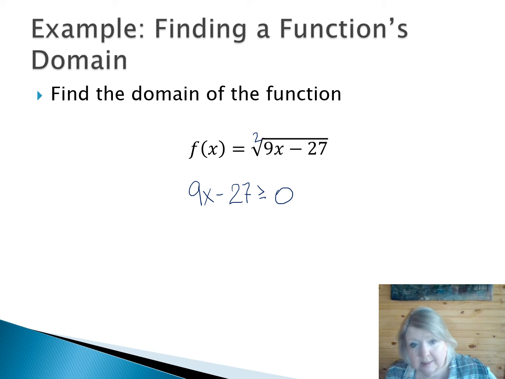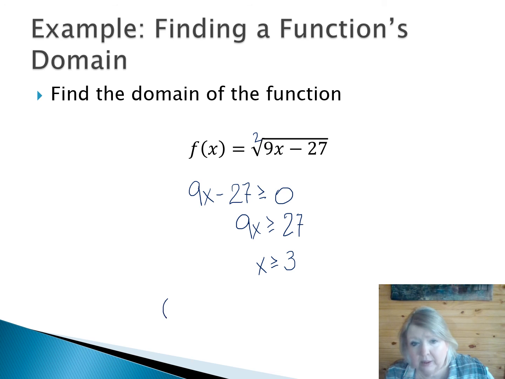So since they said minus 27, I say plus 27 on both sides. Since they said times 9, I say divided by 9. I get that x has got to be greater than or equal to 3. Now, I know this is where you left it when you looked at it in Algebra 1, but now we're going to write our domains in interval notation.